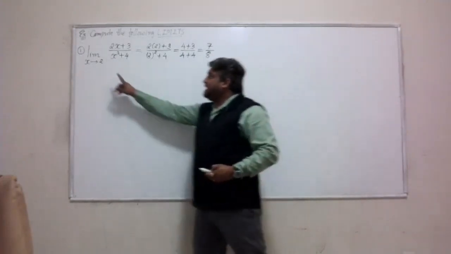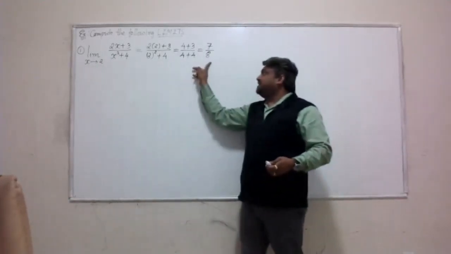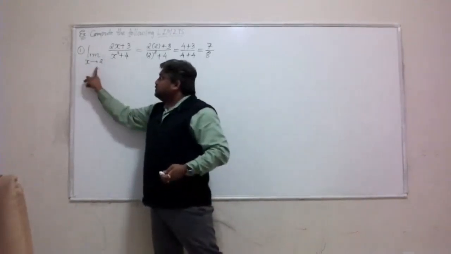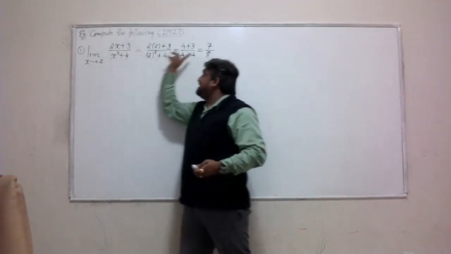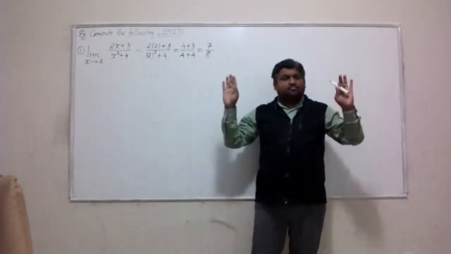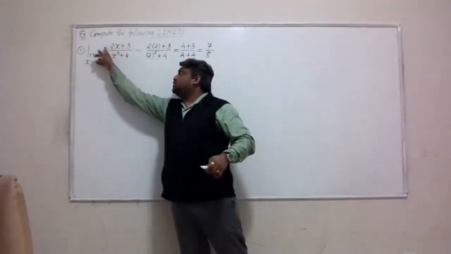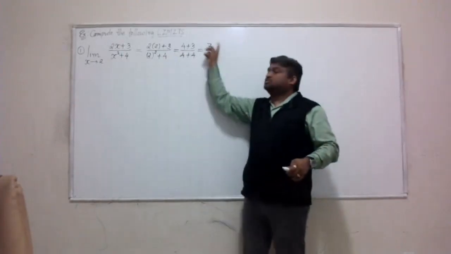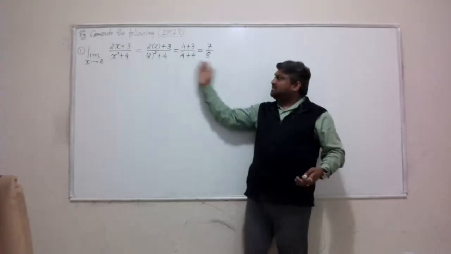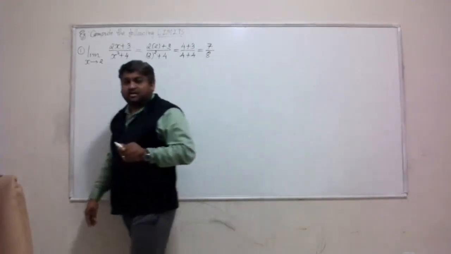This is how I read that first statement: when x is arbitrarily close to 2, my function is arbitrarily close to 7 over 8. Again, this is a prediction only. That's how we interpret this first statement and the ending result.